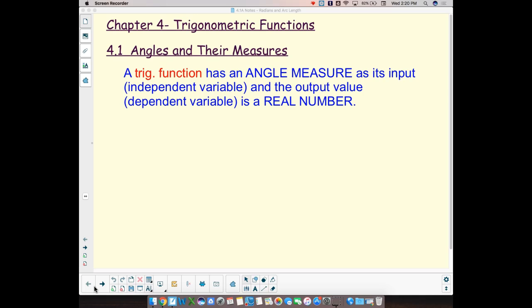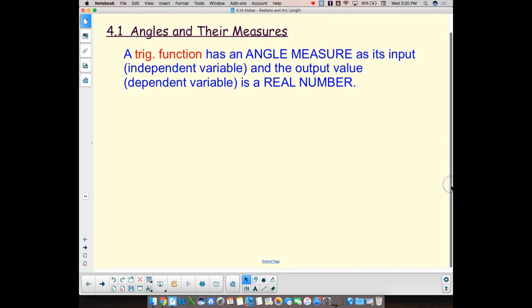standard form, if you will, of an angle. Or the standard position, I think would be a better terminology for an angle. So, the standard position of an angle.